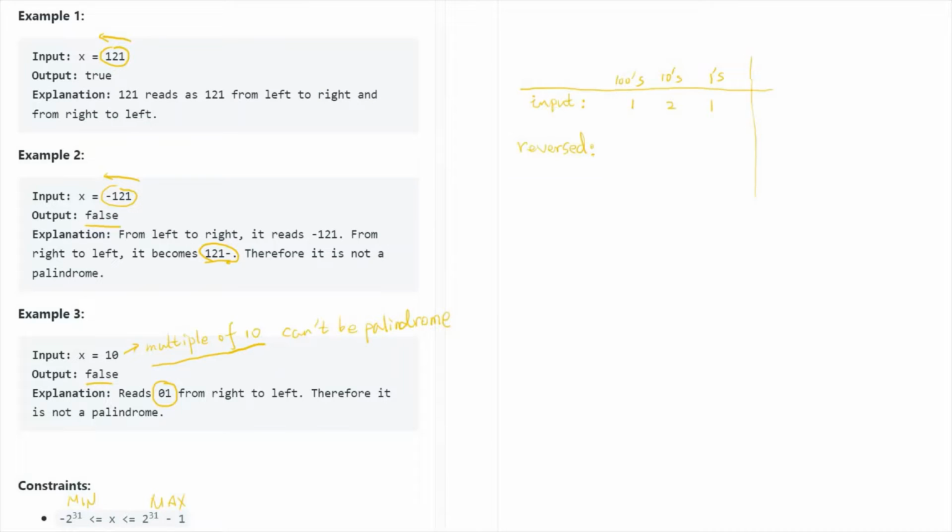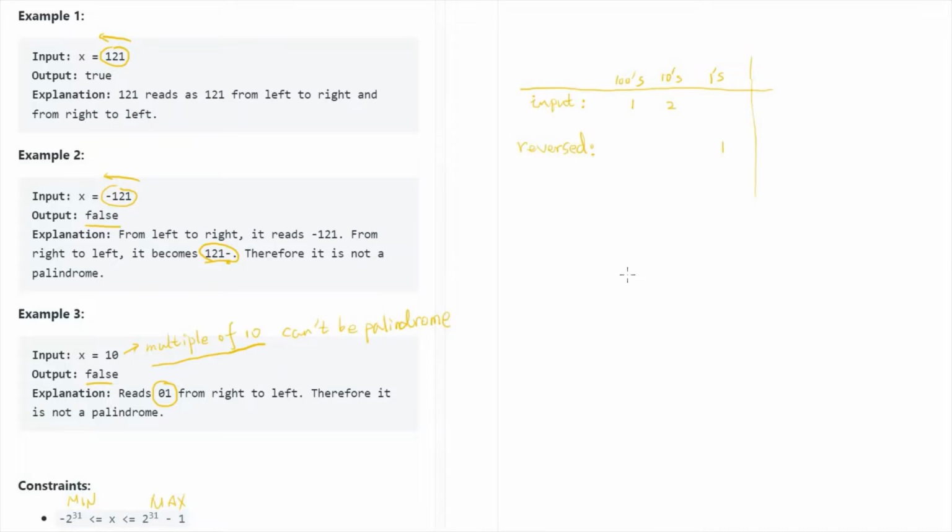The process to reverse the input is as such. First, we'll pop out the least significant digit from the input, and then add this least significant digit into the reversed.